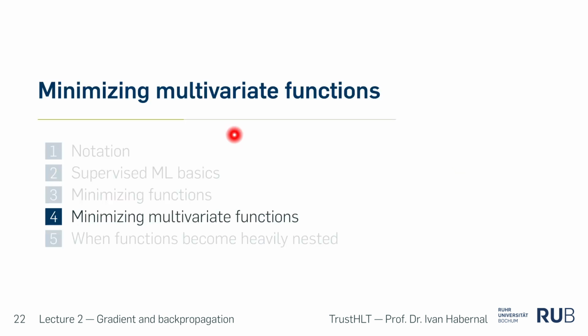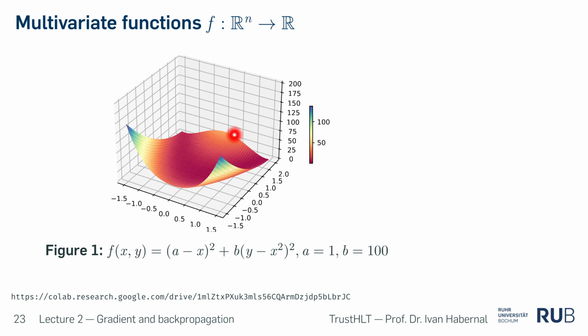I'll give you an example of a function in 2 parameters, x and y. This is giving us this surface. This could be sort of a loss.